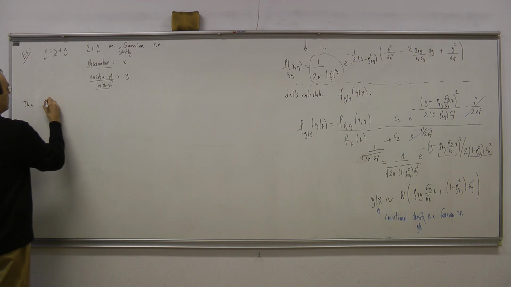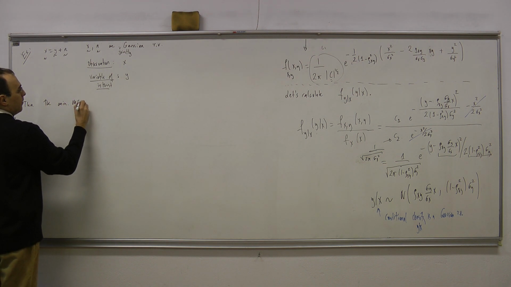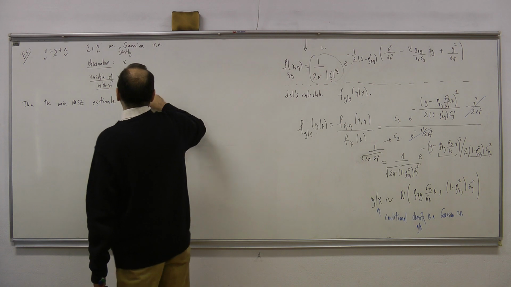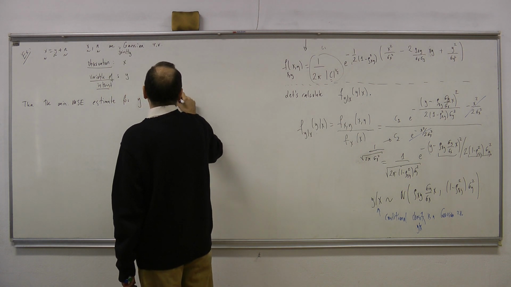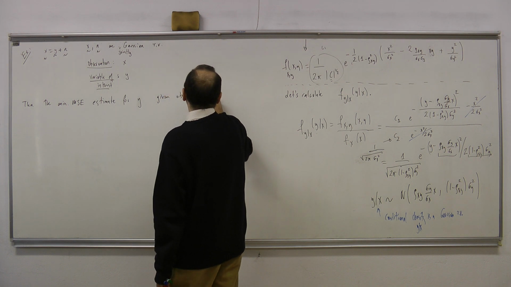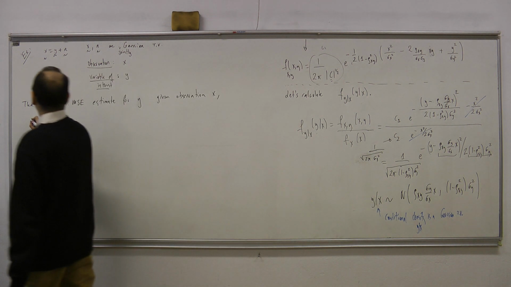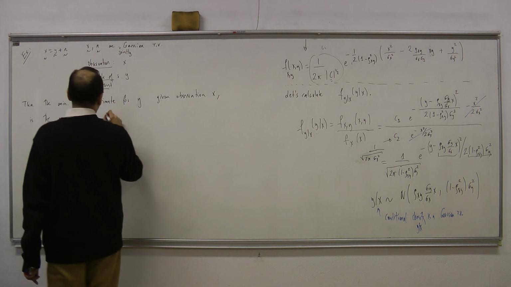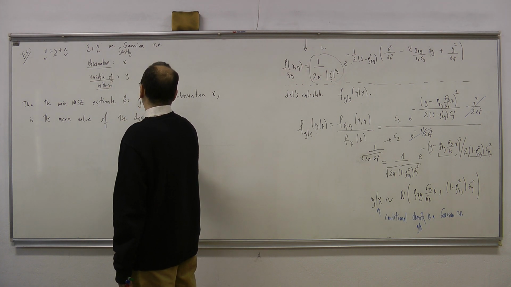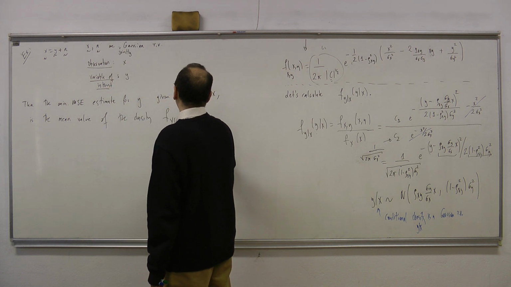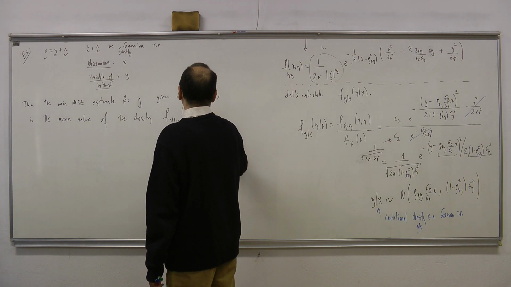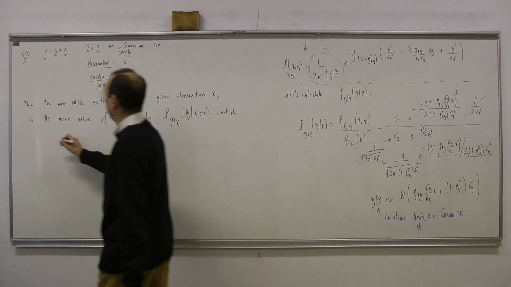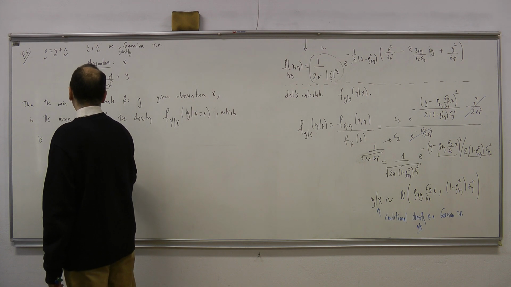Then the minimum MSE estimate for y, let me write y, given observation x is the mean value of the density f y given x, which is, so let me write this.